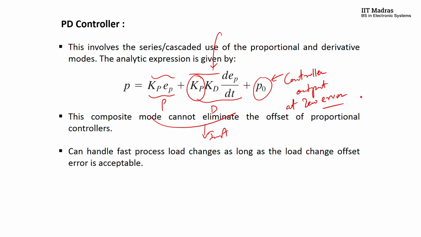Therefore we need to do some kind of manual reset. So all the disadvantages of the proportional controllers will keep haunting you when you use the composite control mode called the PD controller. So this is the way to understand PI and PD control modes.